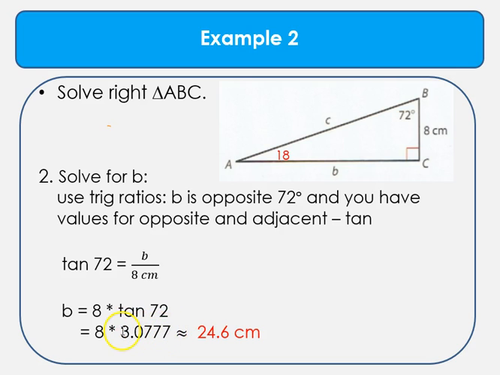That's to keep you on track. And this times 8 will be approximately 24.6 centimeters. Now, unless they state otherwise, when you're solving for a decimal that's an actual length of a side, it should be solved to the tenths.